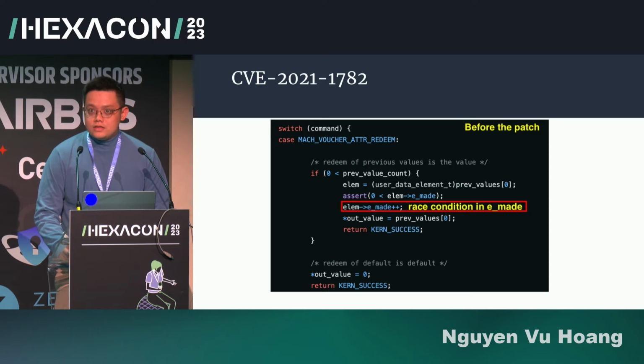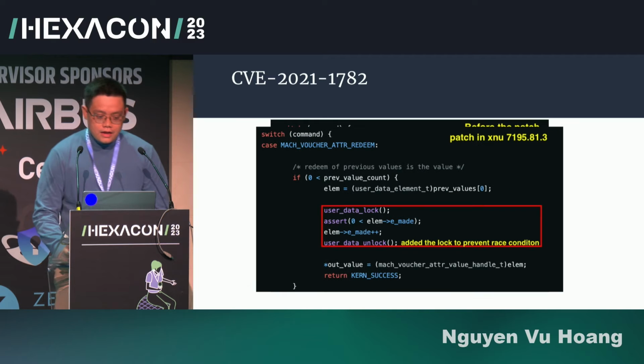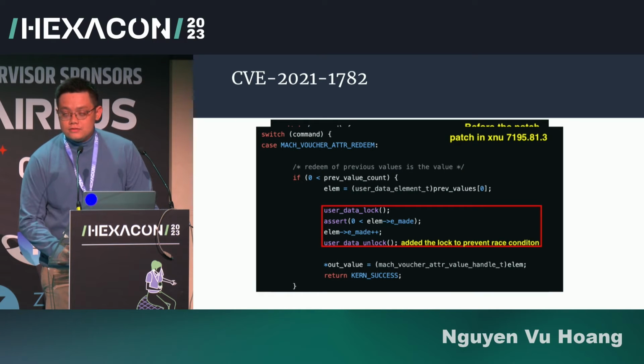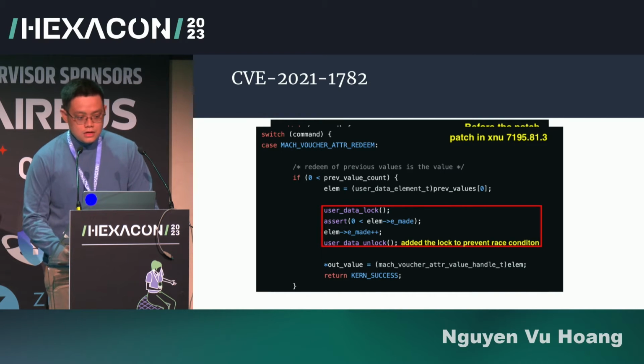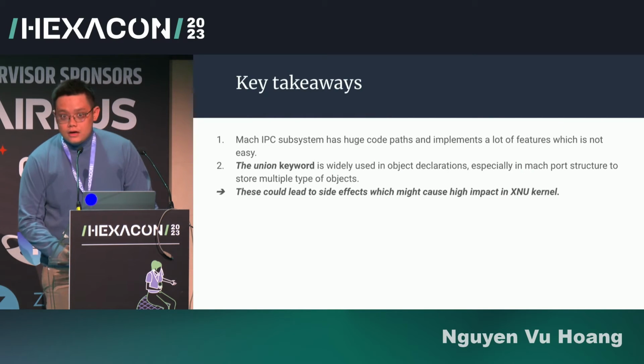For more details, you can check it out on the SyncActive website. And for how Apple patched it, they simply added a lock before incrementing the Mach field to prevent the recursion.